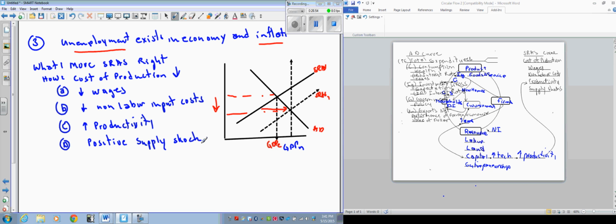It's usually that something occurs, and I can't think of one that relates to gas exploration, but in agriculture, a positive supply shock would be good weather for farming.